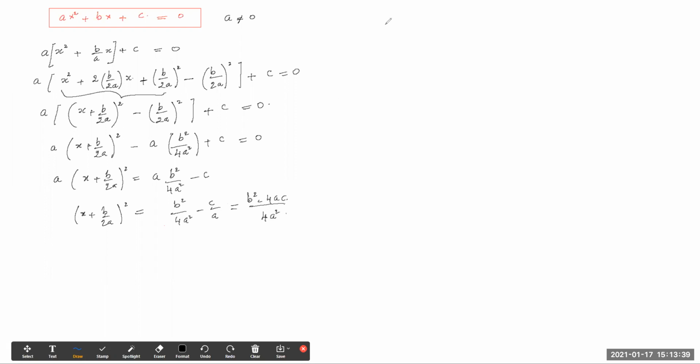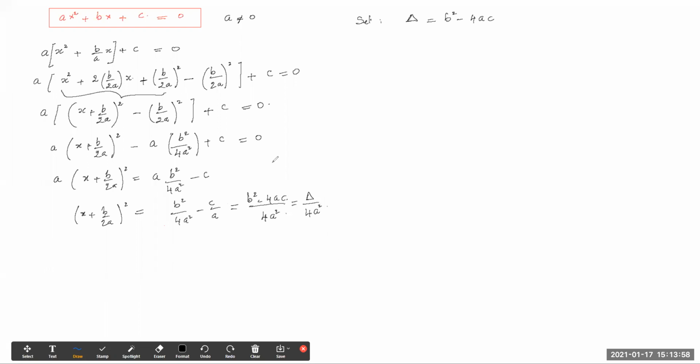So let's set delta, the quantity b square minus 4ac. So we have exactly here delta over 4a square.